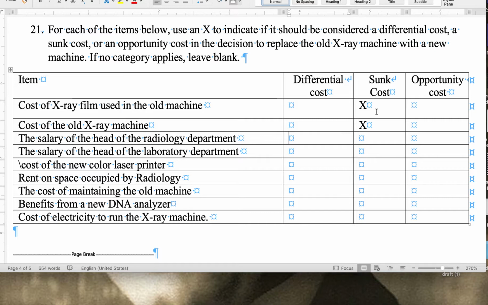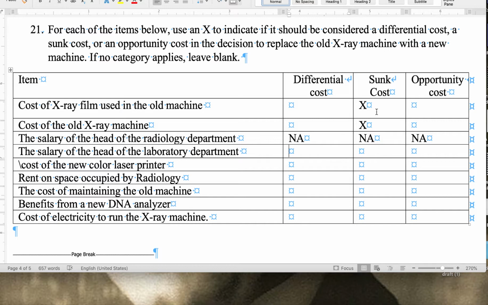It's not a sunk cost because we're still going to pay this person to do work, right? And it's definitely not an opportunity cost. So that one is not applicable. So I'm going to put an NA. It said leave blank. That's fine if you leave it blank. I just want to show you that that cost applies to none of these cost classifications.